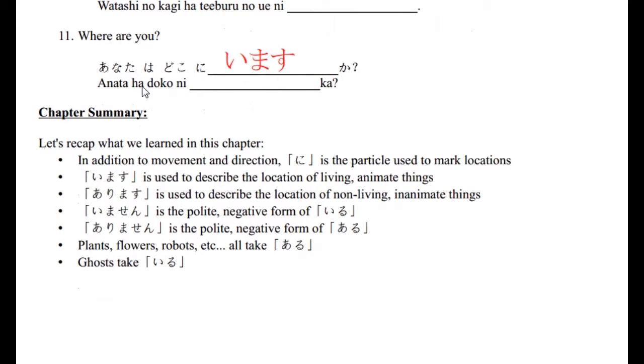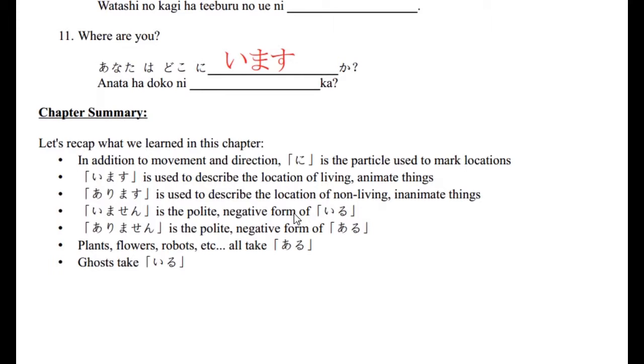Before we finish, let's take a look at a little summary to recap what we've learned. So first, we learned that in addition to movement and direction, ni is a particle used to mark locations. We also learned that imas and iru are used to describe the location of living, animate things, whereas arimasu and aru are used to describe the location of non-living, inanimate things.